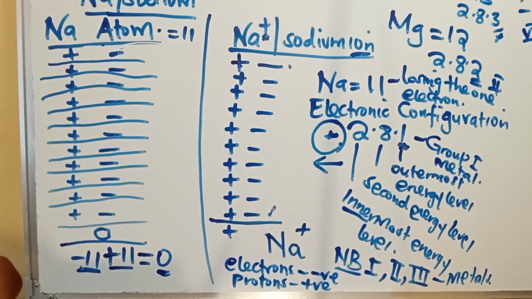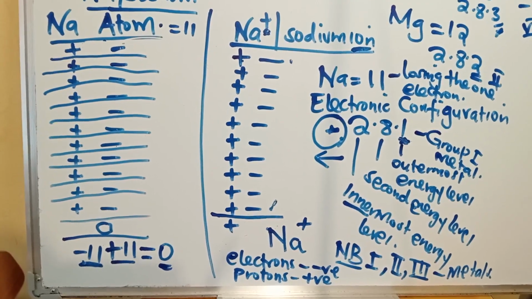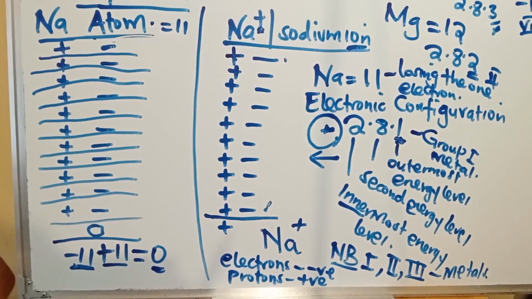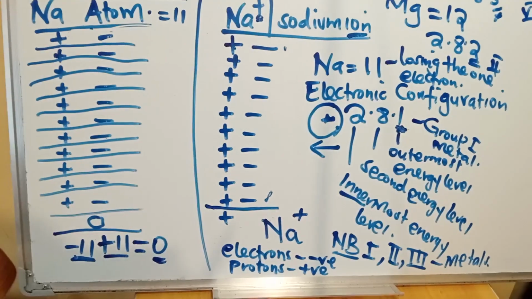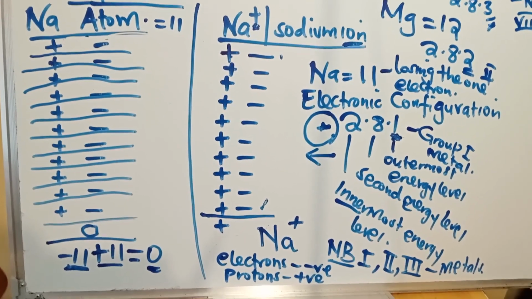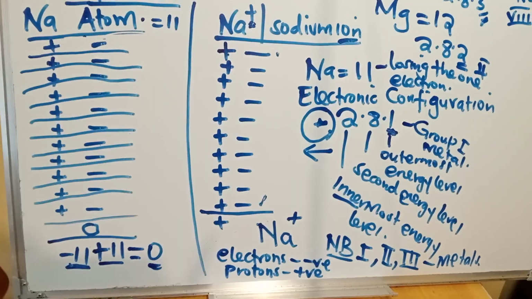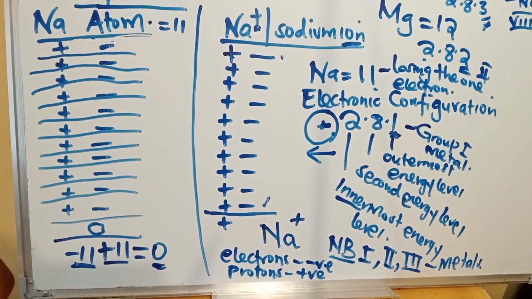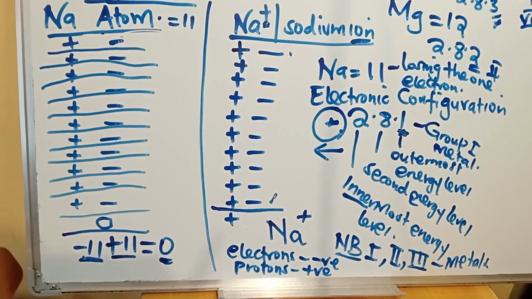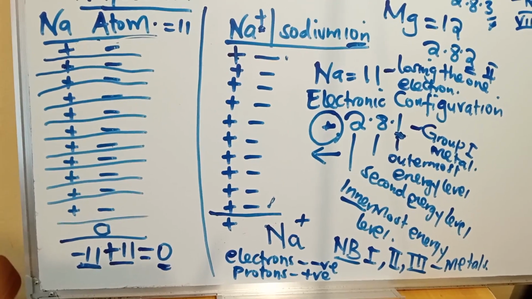So if sodium were in ionic bonding, sodium will be losing this electron, and the very electron that sodium has lost will be gained by another. And the other one is obviously a non-metal, because non-metals usually react by gaining. So if we were to use the biblical illustration that anyone who is kind and always gives out to the needy will always receive a blessing.